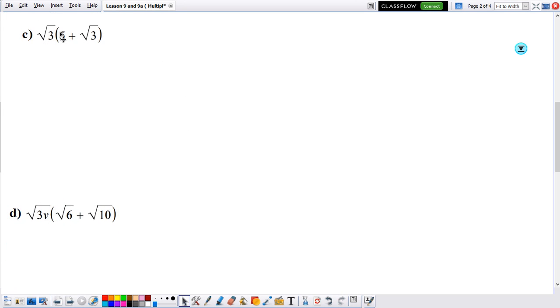But let's see. We are going to use the method of distribution. So now, let's distribute the following. The square root of 3, you need to distribute to every single term inside here. Every time you multiply a square root times a number, you cannot combine this. The square root of 3 times 5 is not the same as the square root of 15.